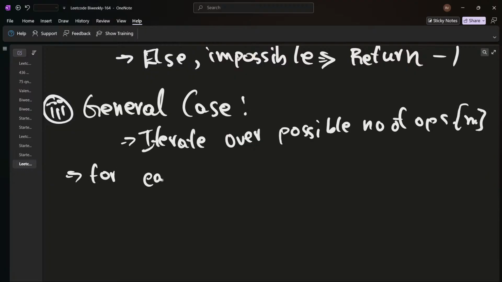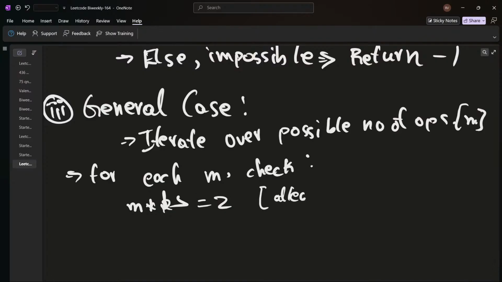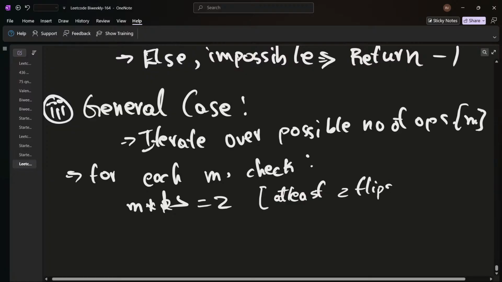Then for each m, I'll check: m into k greater than or equal to z. This is at least z flips needed to cover all zeros. Done.